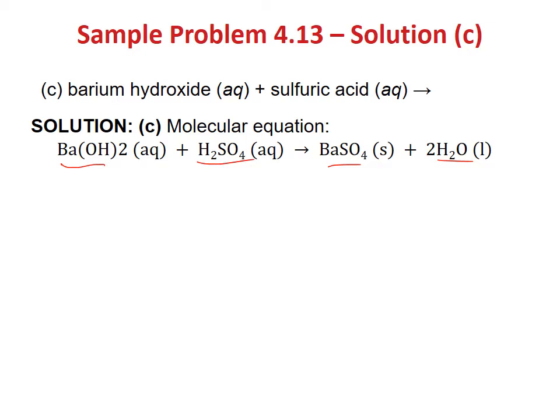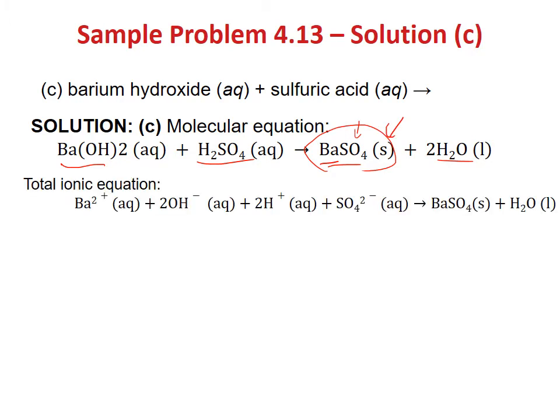But barium sulfate is not a strong electrolyte, so it's insoluble. If you look at the solubility rules, most sulfate salts are soluble except those of the group 2 metals. So barium is one of them. So it's a precipitate. And therefore, when we write the ionic equation, we have to keep this formula instead of writing ions.